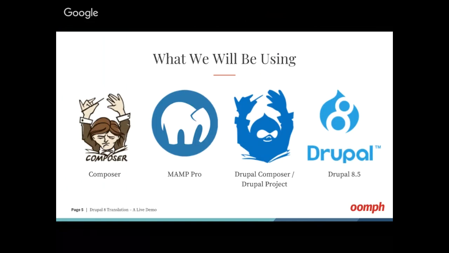We are going to be using Composer to get all of our dependencies. We're going to be using the Drupal Composer Drupal project as kind of our base. If you've never checked that out, it's a pretty full-featured base Drupal installation. I think Drupal VM actually uses that, but definitely check it out. It's very, very helpful. And of course, we're going to be using Drupal 8.5.